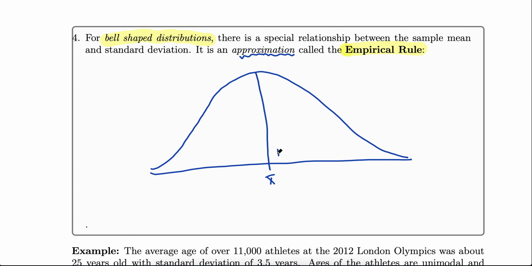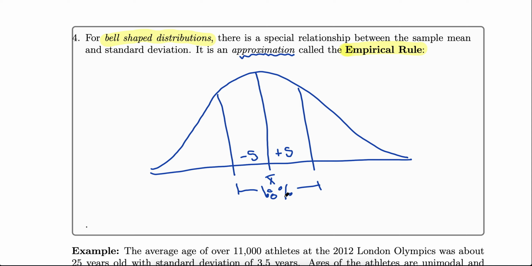If I go up one standard deviation from the mean, and we'll do this in context in a moment. So here's the mean of the data. If I add a standard deviation and subtract a standard deviation, these are S's representing standard deviation, so I create an interval one standard deviation on either side, then the empirical rule tells me I should have 68% of my observations, approximately.